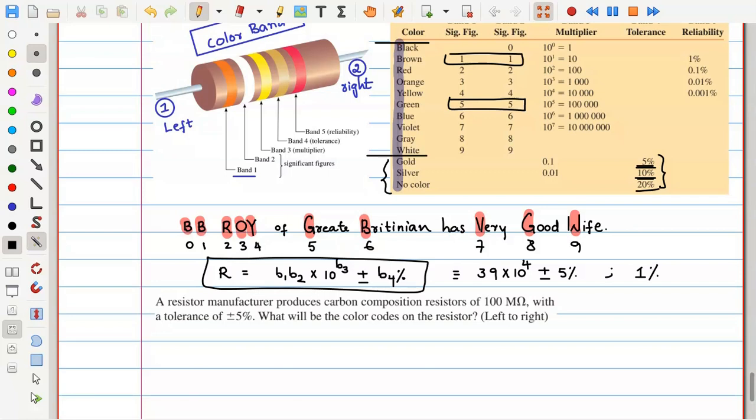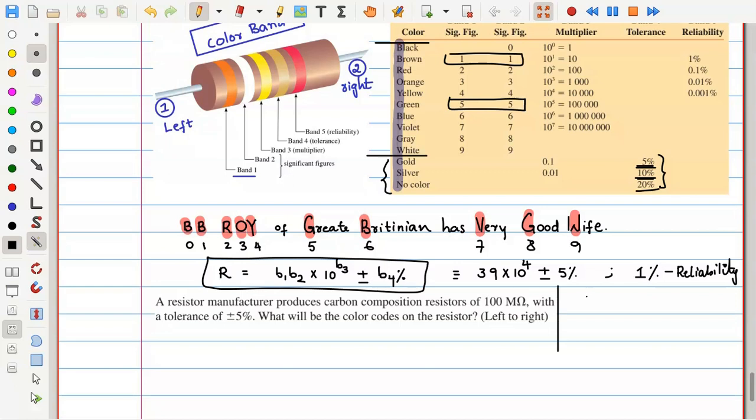This band 5 is negligible, and most of the times we will not take care of it. At a higher research level, for precision, when you want very high accuracy, then we go with this. So we say beside that, 1% reliability. Clear?